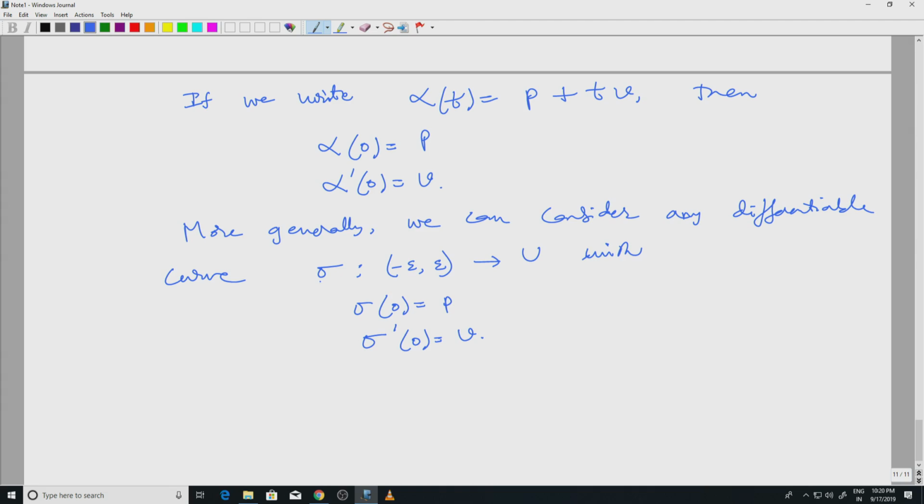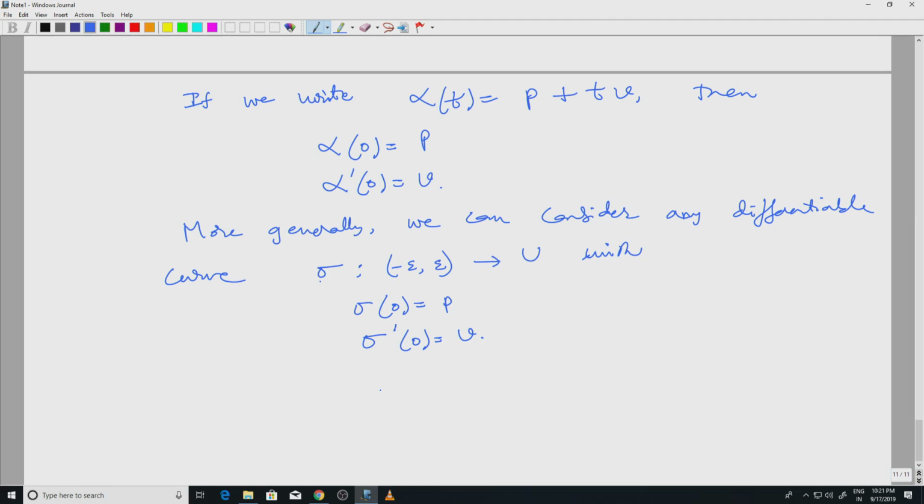Even though the target is an open set in Rn, that is not an issue. The main point is the domain is just something in R. If I look at its components, sigma 1, sigma 2, sigma n, they are all just real valued functions of one real variable, so I just demand that they be differentiable. That is essentially the same as saying it is differentiable in the Frechet sense, so you do not get anything new.